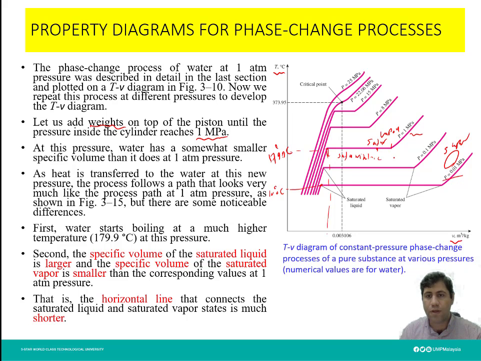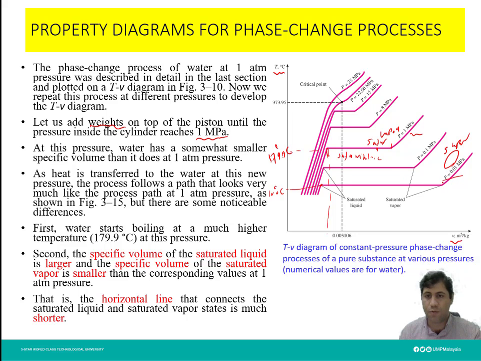This V is also lower. In other words, the specific volume of the substance is lower when the pressure is higher, for the change from saturated vapor to superheated vapor.